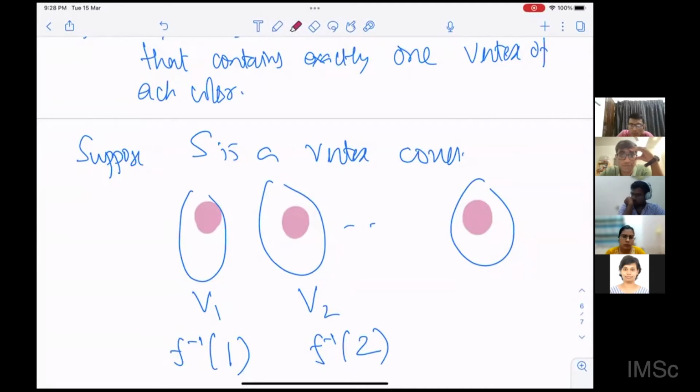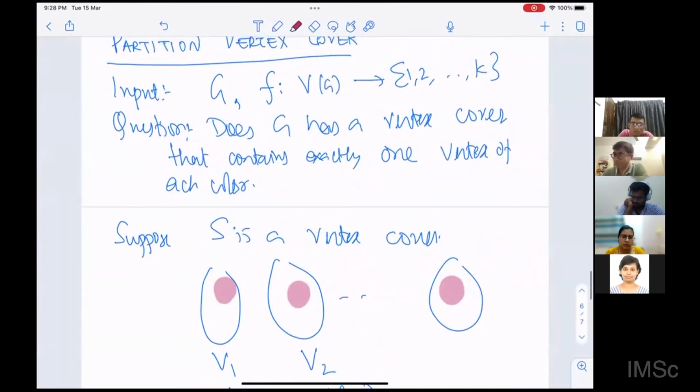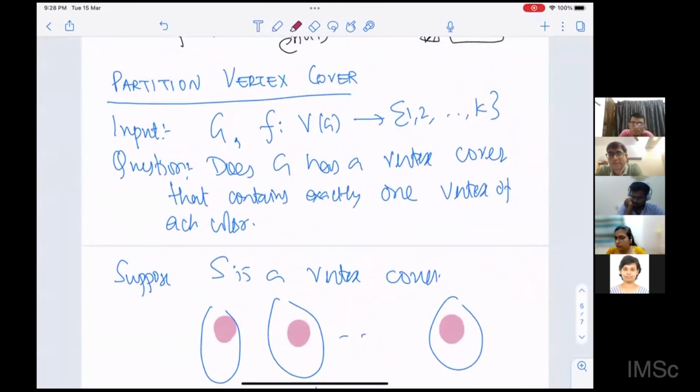My question to you is, how many of you think this problem is NP-hard, and how many of you think this problem is polytime? Let's have a vote. My vote is on partition vertex cover.